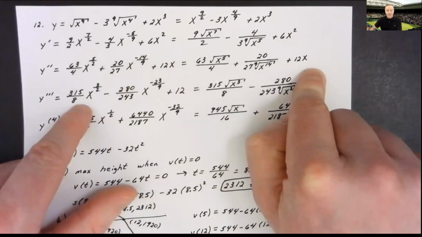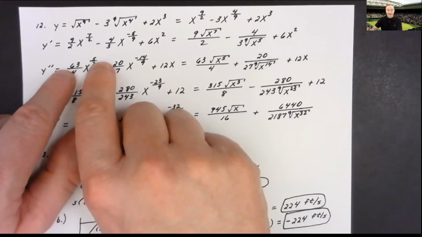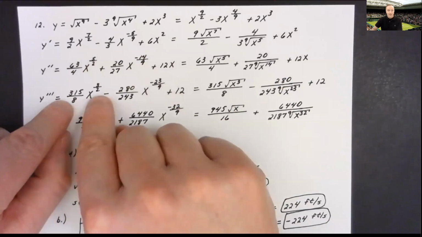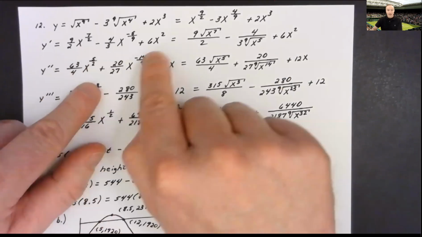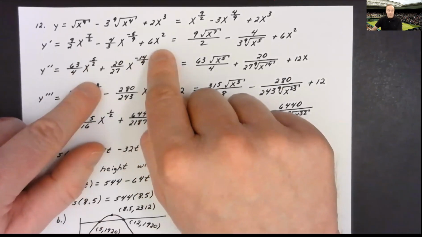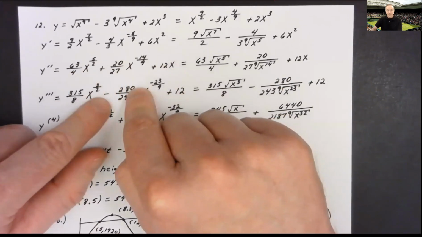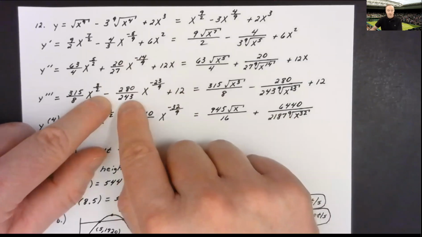For the third derivative, we say, well, okay, these just keep on multiplying. 63 times 5, 60 times 5 is 300, 3 times 5, 15, so that's going to be 315 over 8. X to the 5 over 2 minus 1 power, 3 over 2. Your next term here, and they don't simplify, negative 14 times 20 gave me negative 280. 9 times 27, I was just thinking 27 times 10 is 270 minus 27 is going to be 243. 243 in that denominator.